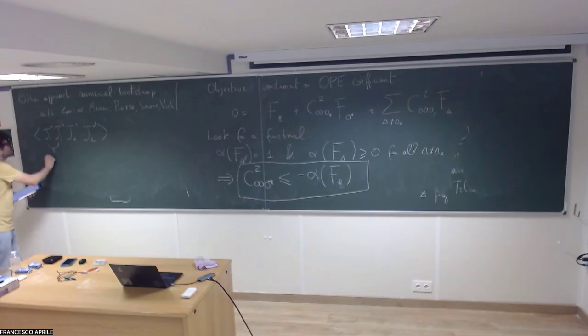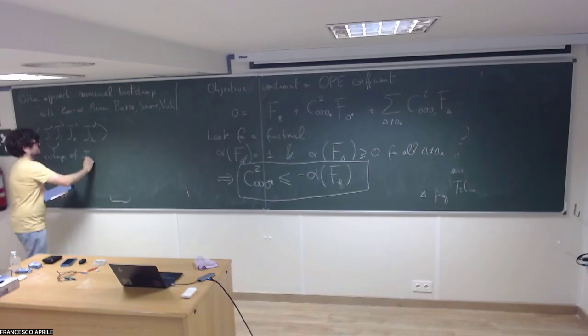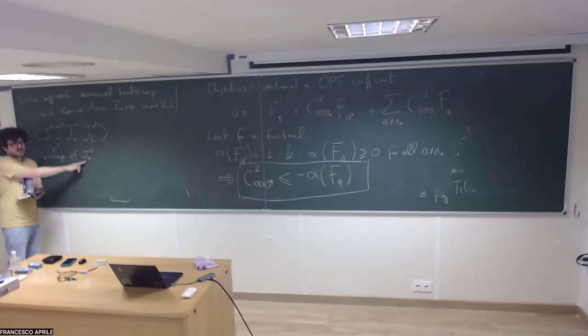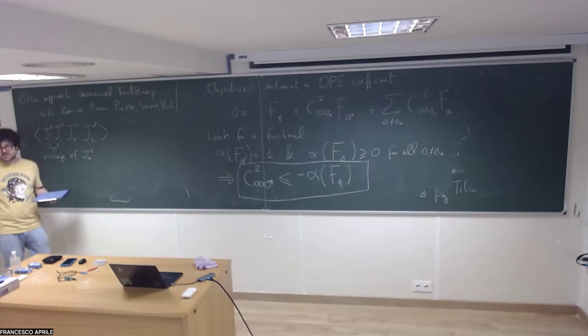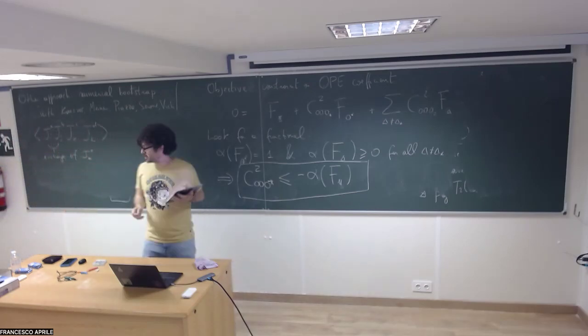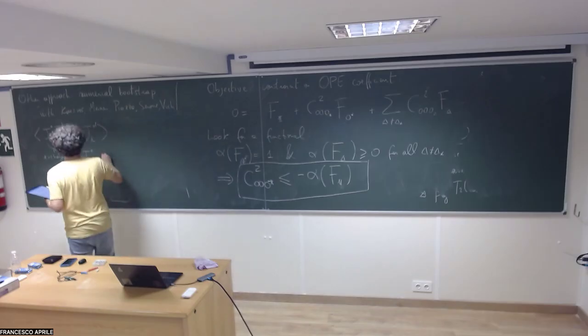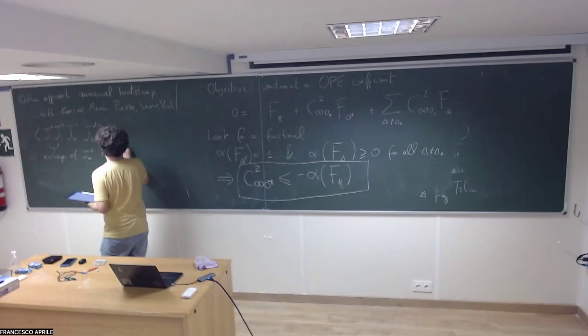So here there is an exchange of J. Okay, so this current itself is exchanged here because this is the statement that the non-abelian current is charged under the symmetry. And the OPE coefficient, so there are two structures.